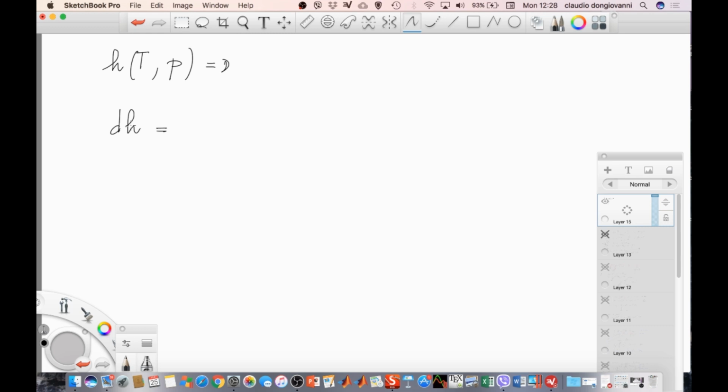Do you remember the relationship? It should be. Try to remember. dH equals dH over dT at constant pressure times dT, as this is the effect of temperature, plus dH over dP at constant temperature, dP. Okay? This is the mathematical formulation.